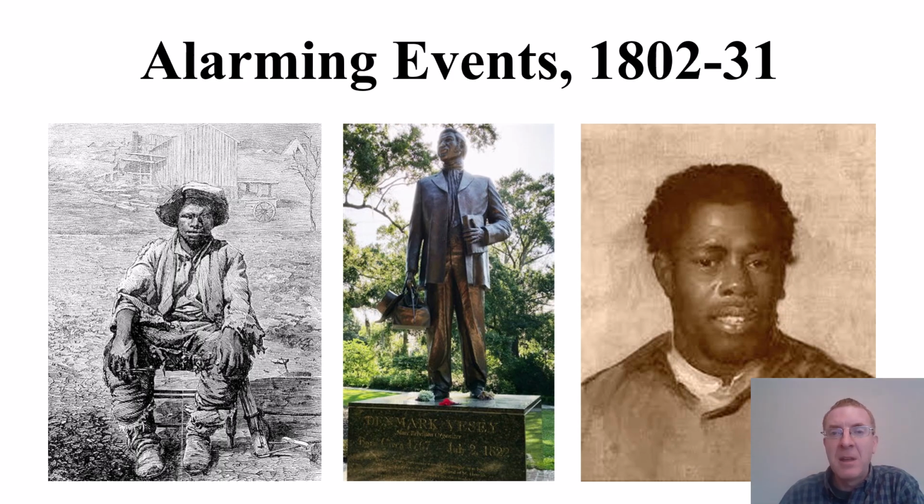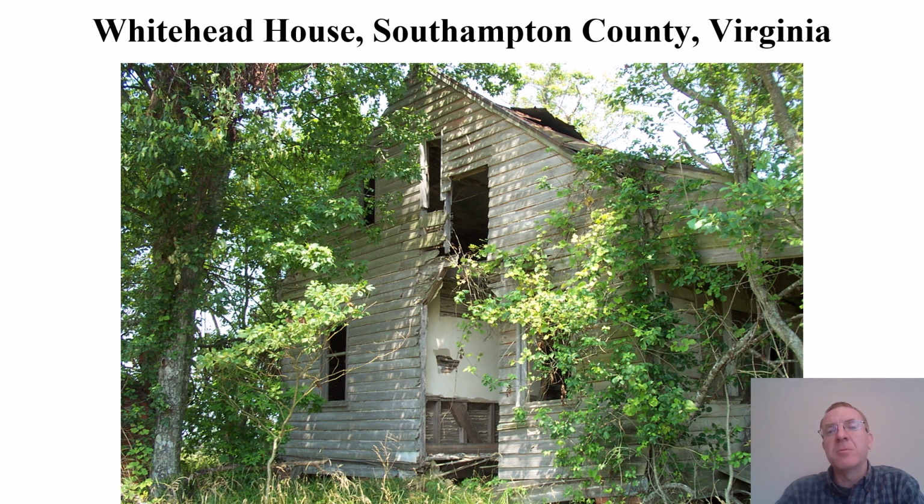This insurrection took place in and around what is now called Courtland, which is the county seat for Southampton County. Back then Courtland was called Jerusalem, and so it was around that area.